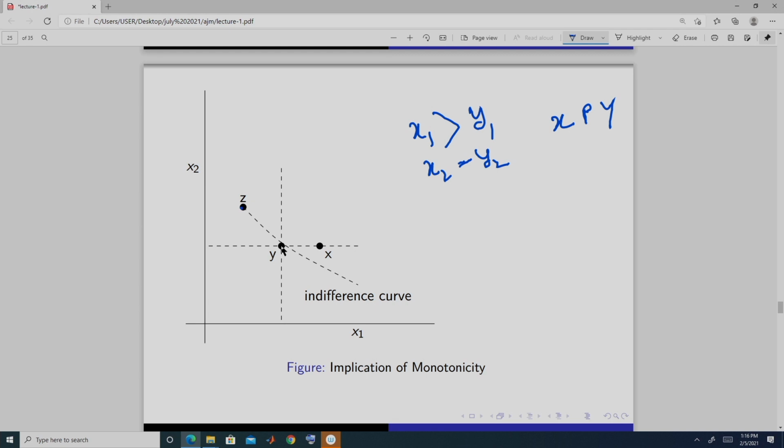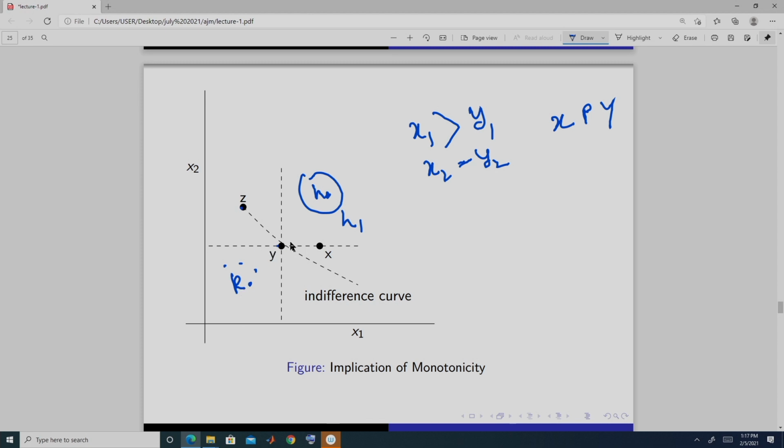And if you take any point in this region and compare it with y, suppose h, or h0 is here or h1 is here, then all of these are going to be preferred to y. Now, if you take any point here, suppose this is k, then y is going to be preferred to k from monotonicity.